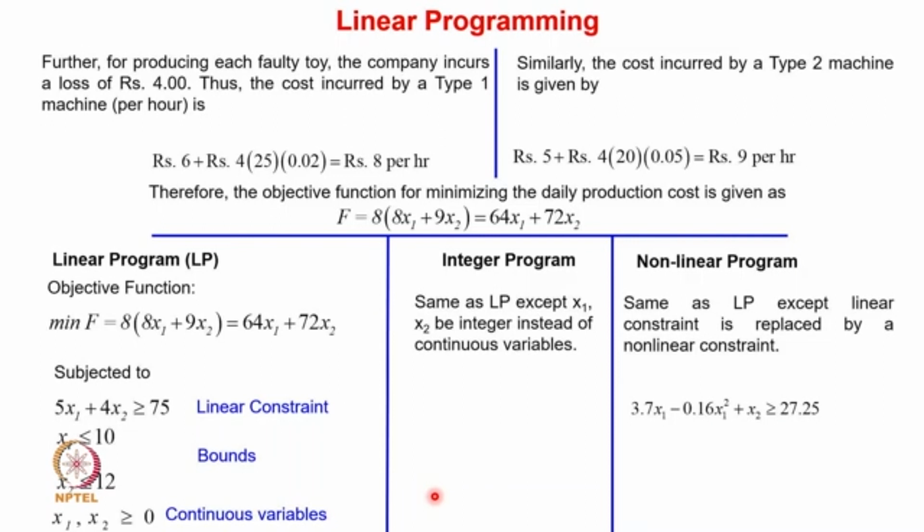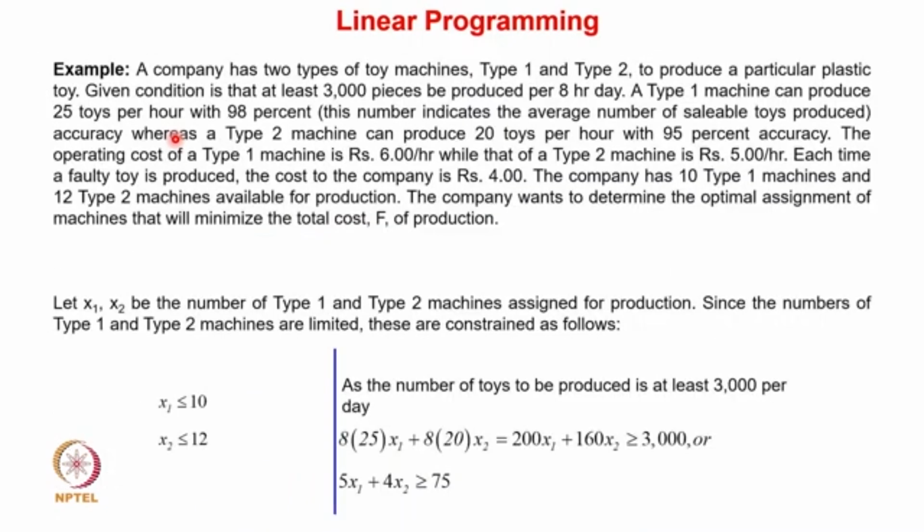Whenever a faulty toy is produced, 4 rupees is the cost incurred. Looking at the type 1 machine, 6 rupees per hour is the operating cost, plus the cost incurred for producing faulty toys.